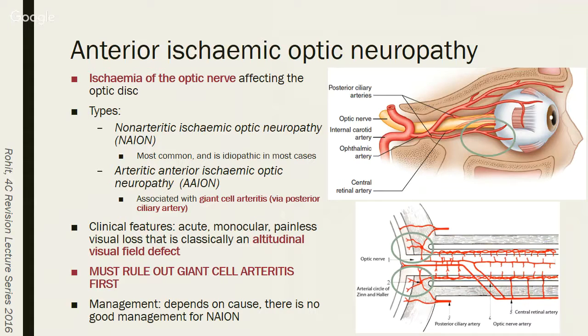So unlike all the other conditions where you look at the midline in a vertical sense and then look at quadrants and stuff like that, these patients will have a defect that's altitudinal, right? Horizontal defect. Why? Good question. It's because of the nerves here. The arteries here are supplied from the top and from the bottom. Okay, so these posterior ciliary arteries are supplied from the top and the bottom.